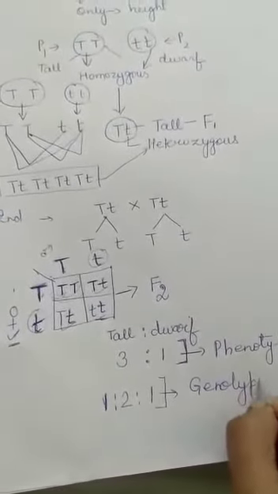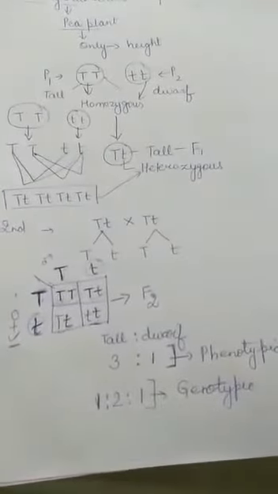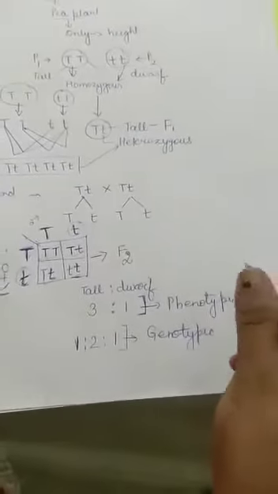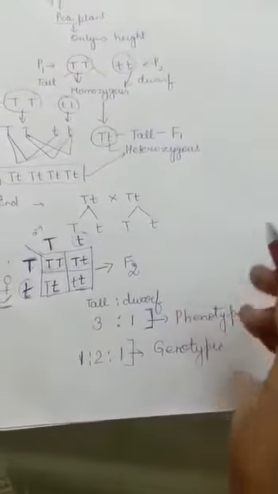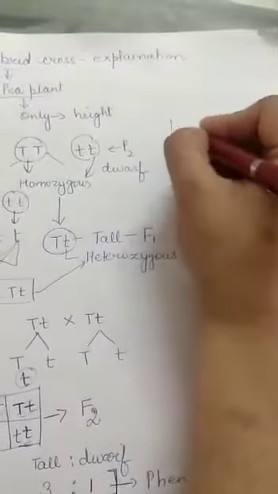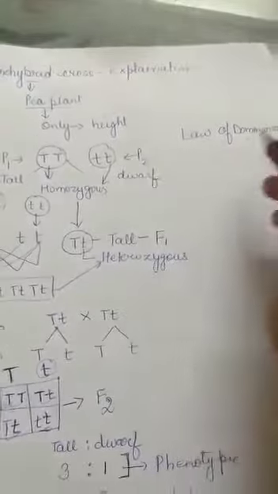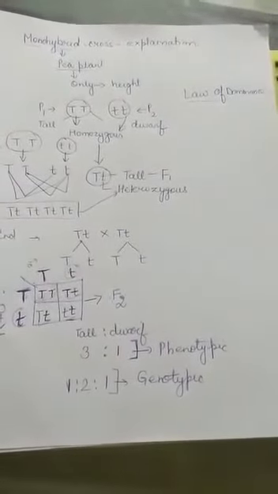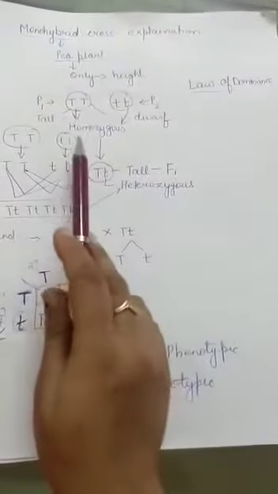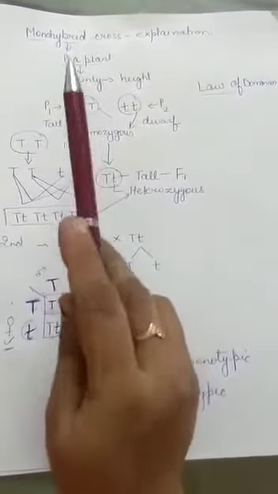Now, this is the monohybrid cross that Mendel obtained. And through this cross, Mendel deduced one law which is called the law of dominance. So children, when Mendel performed this whole cross, he came to the conclusion that out of 2 characters, here Mendel took one character, that is height.